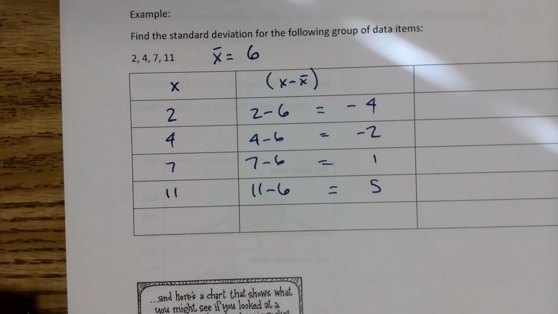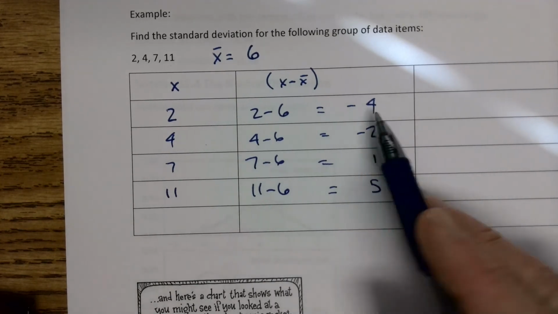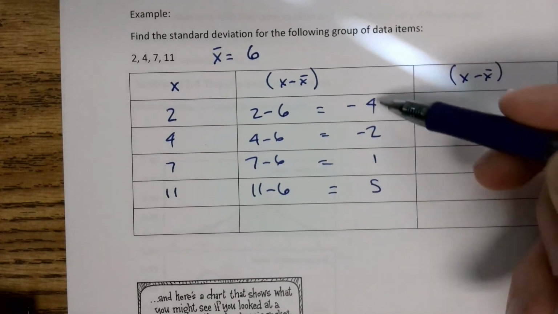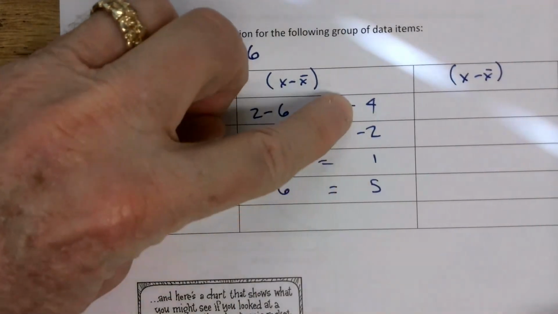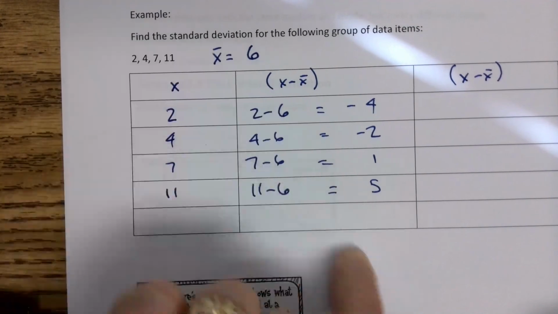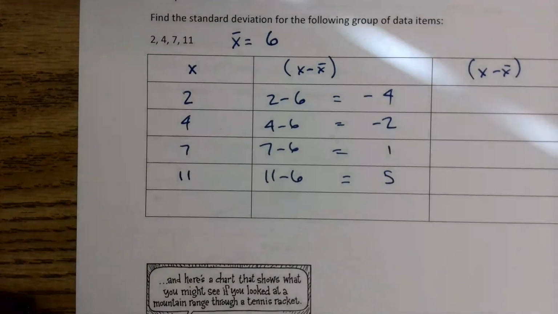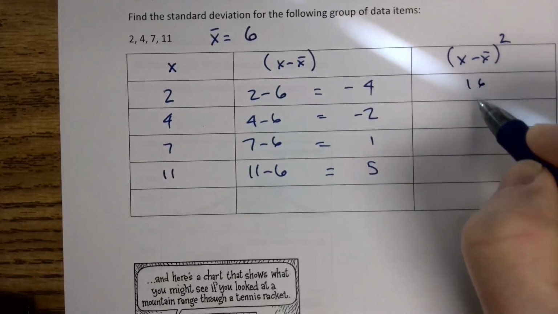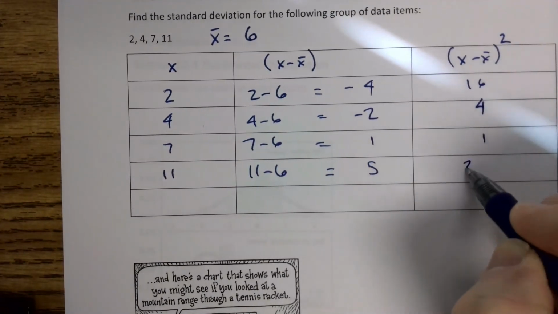I think we can do this whole thing without even using a calculator. Maybe. We'll see. Square each one. X minus x bar. And if we added all those up, they would be 0, so we did this right. Negative 4 plus negative 2 plus 1 plus 5 is 0. So that's a good check to see if we did those right. So we're going to square each one of those, and that's 16, 4, 1, and 25.